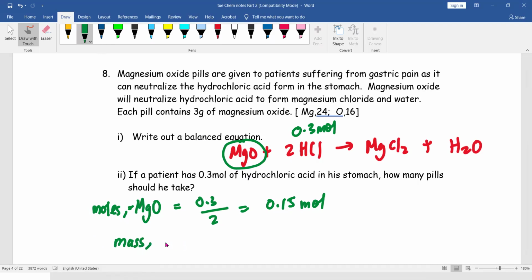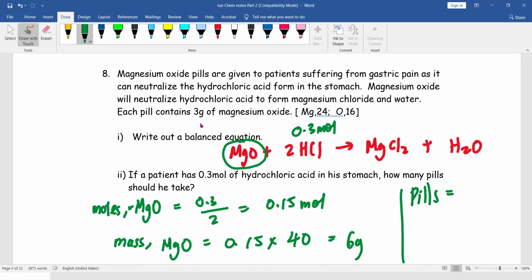MgO is 40, right? How much is it? This one is how much? 6. Yeah, correct. So pills. Each pill is 3 grams. So it's just 6 divided by 3, you get 2 pills.